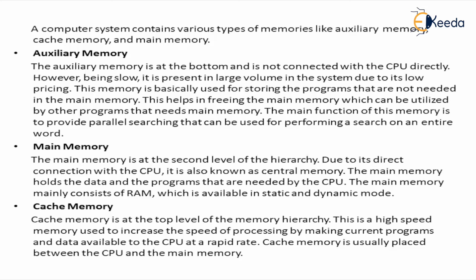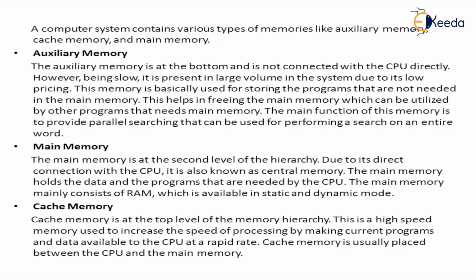This memory is basically used for storing programs that are not needed in the main memory. So you may require it or you may not require it. It also helps in freeing the main memory, which is utilized by other programs that are required in the main memory.